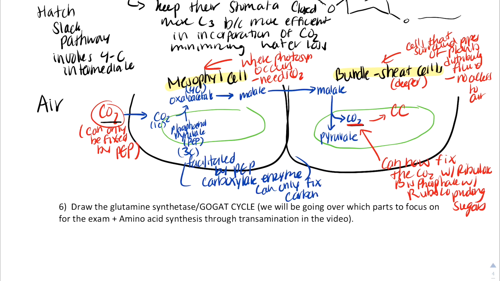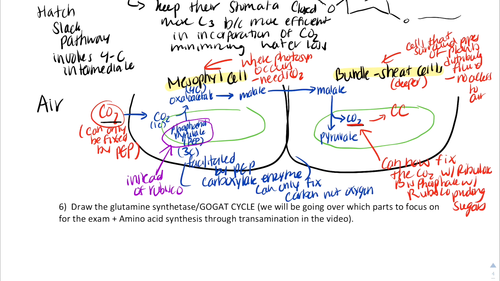Specific enzyme can only fix carbon, not oxygen. So here you have the facilitation of PEP instead of Rubisco. Okay. So that's what you need to know for the C4 pathway.